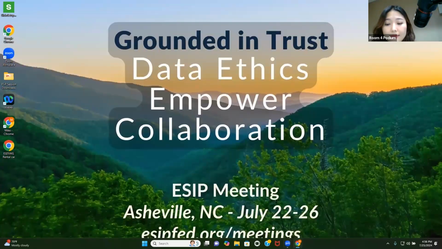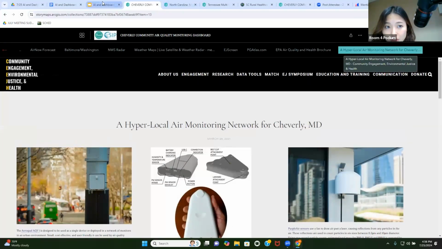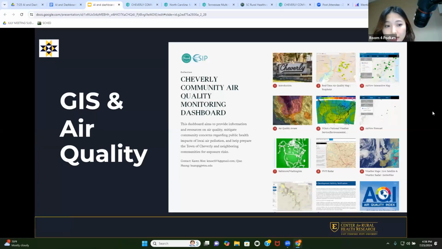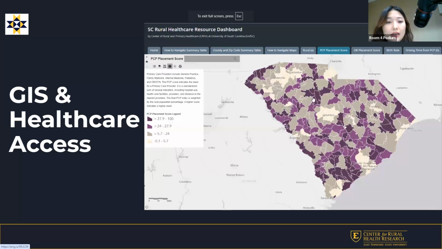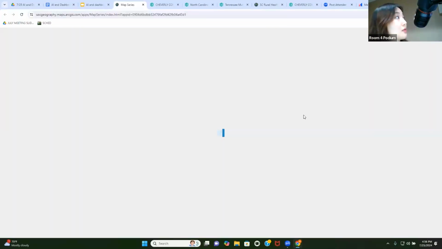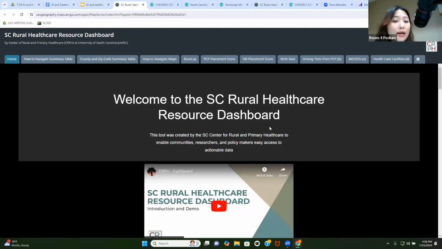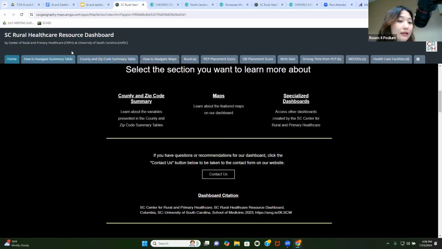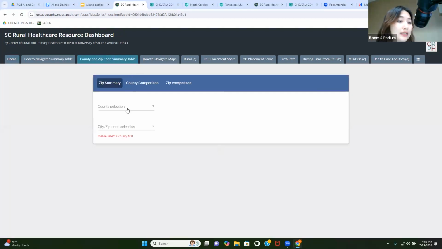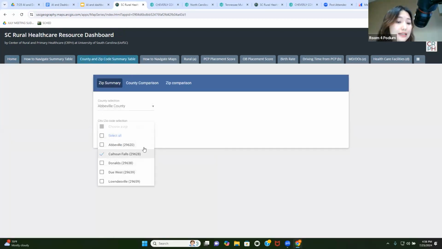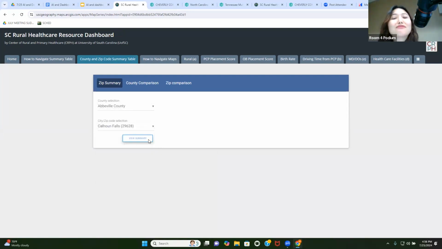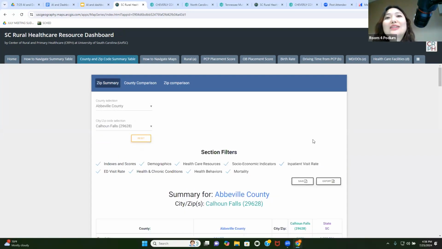And the next one I'm gonna share is the South Carolina Rural Health Care Resources Dashboard I created during my PhD time. And this one has a summary, a county zip code summary table to show all health related data. And health related data is very hard to collect, and it always has time lag.